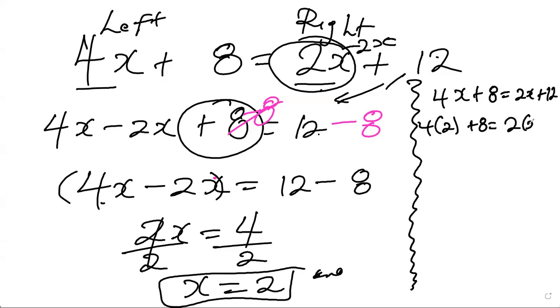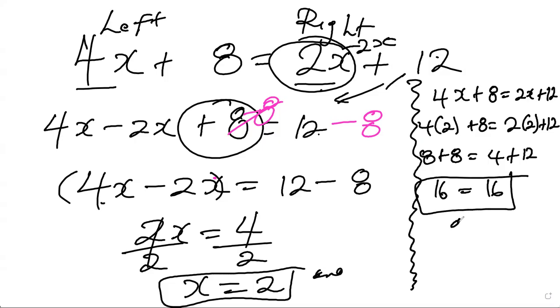If it's an equation. 4 times 2 is 8. 2 times 2 is 4. 8 plus 8, 16. 4 plus that, 16. By definition, the left-hand side must equal the right-hand side. Alright, so make a note of it, please. And then you can go forward.